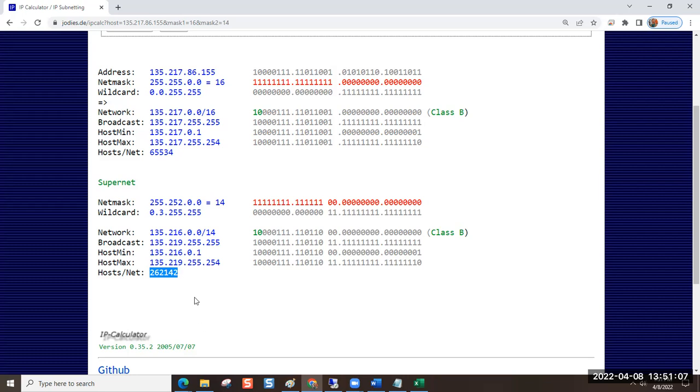Okay. And just remember that my broadcast and my network ID are going to be different. They're going to be considerably lower than my original, right? So this says 216 instead of 217. And then my broadcast, instead of being 217, it says it's 219, right?